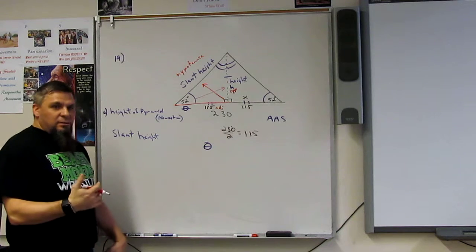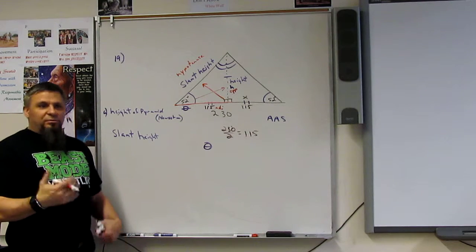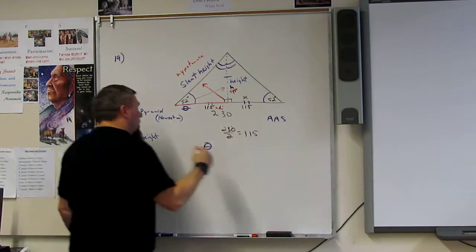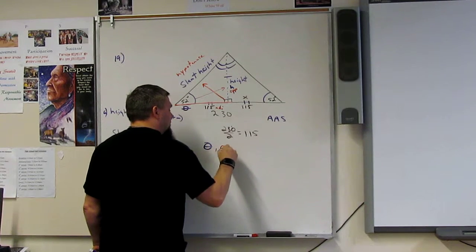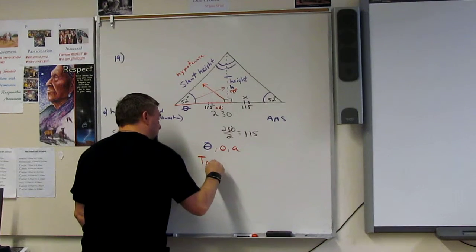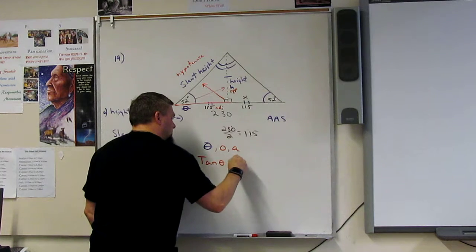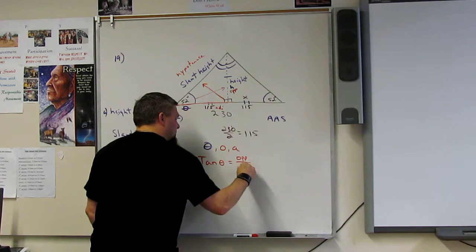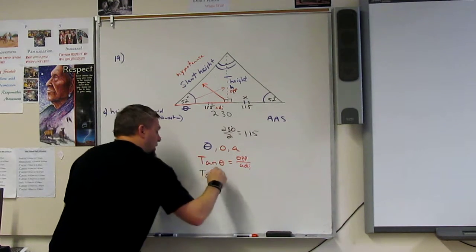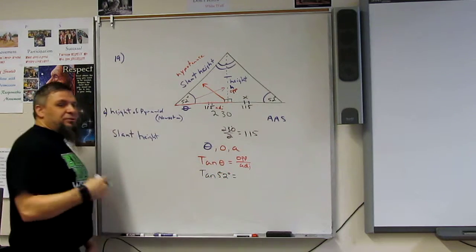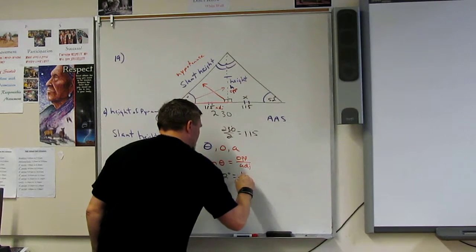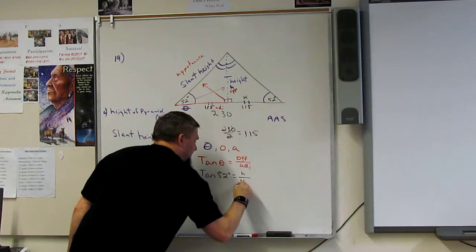I have O and A. Well, I don't really have O yet, but I'm trying to find O through A. So I'm looking for the tangent of theta is equal to the opposite over the adjacent. Tangent of 52 degrees is equal to the opposite, which is h, over the adjacent, which is 115.